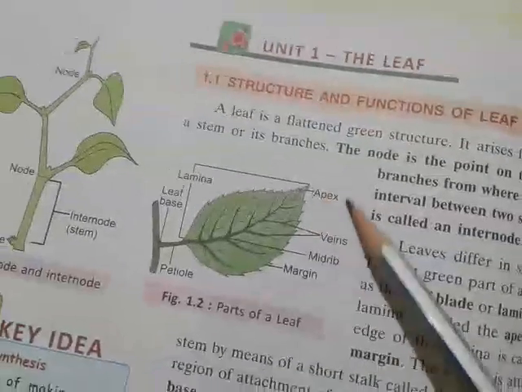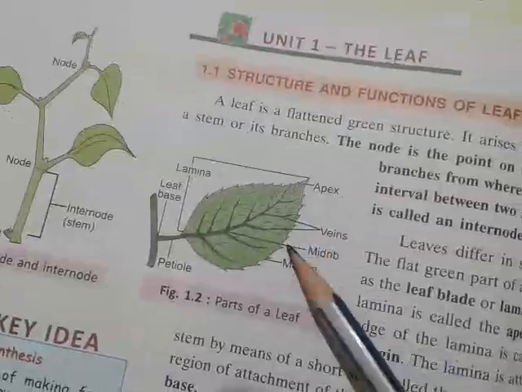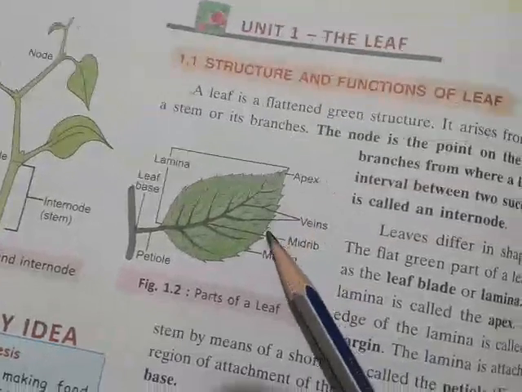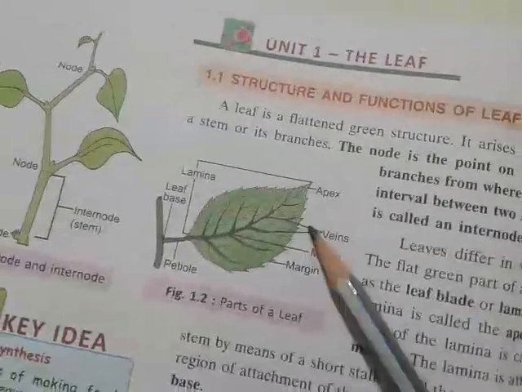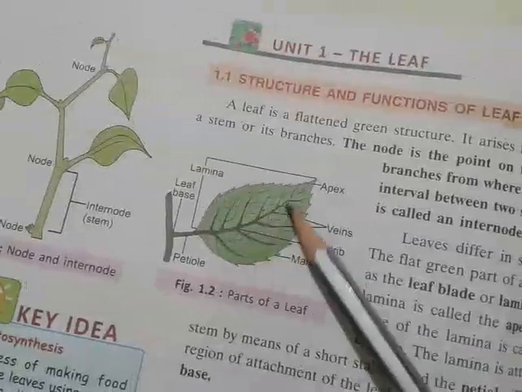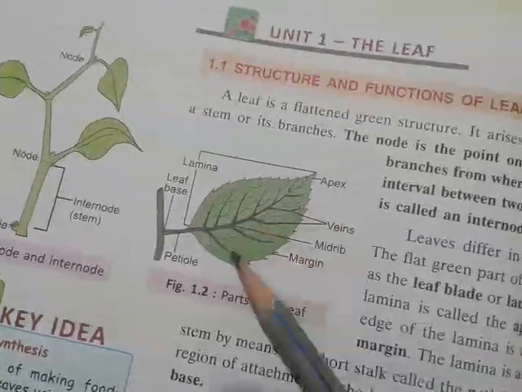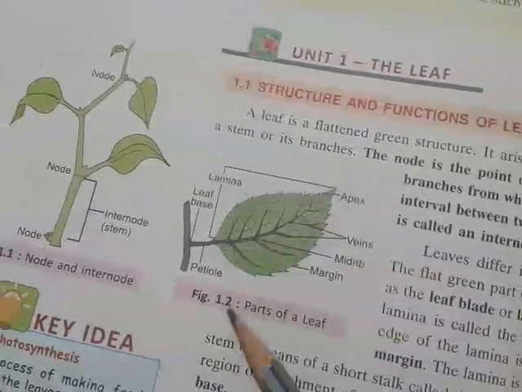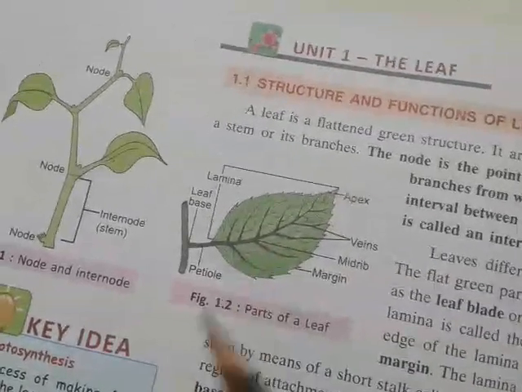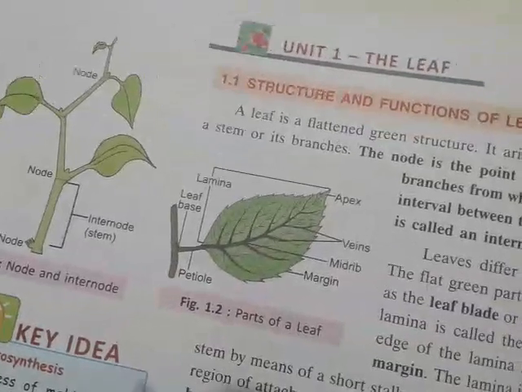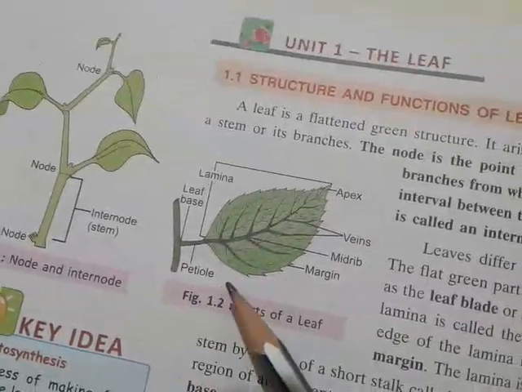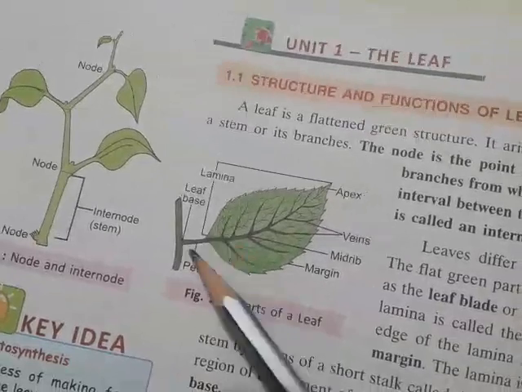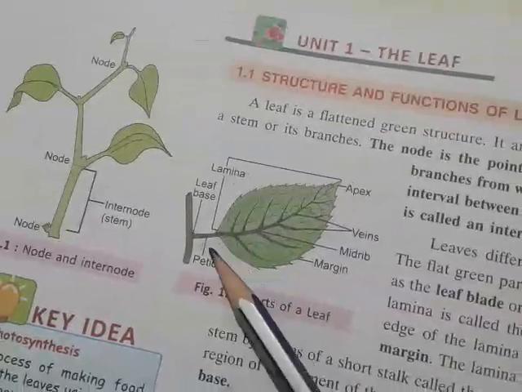This portion is called the veins, and this is called the midrib, the middle portion. The lamina is attached to the stem by means of a short stalk. This portion is the stalk, or the petiole.